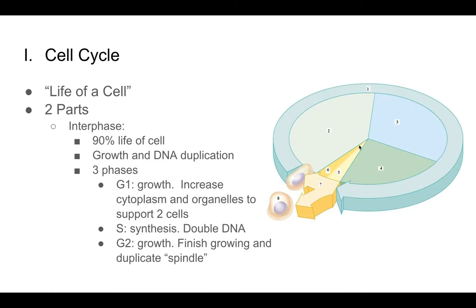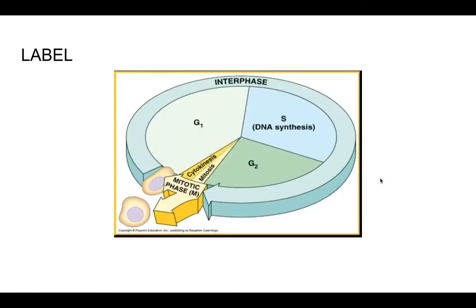And so all of this on your diagram should be labeled interphase, and then the 3 parts of interphase, G1, S, and G2. If you'd like to see what that looks like, here is that diagram labeled interphase, G1, S, and G2. So the majority of the life of a cell is interphase.